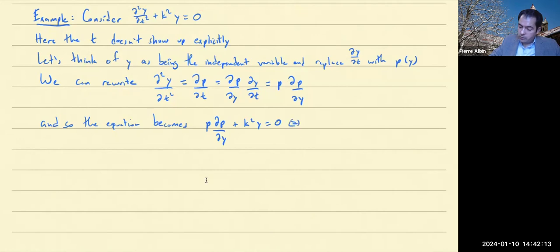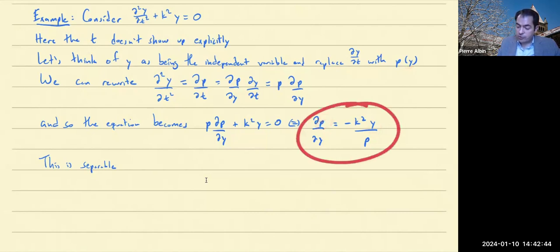And we can rearrange this as derivative of p with respect to y is equal to minus k squared y divided by p. Now, this is separable. This separable equation, remember now, y is the new t, and p is the new y. So p is the function of y that you're trying to solve, and here you have a differential equation for it.